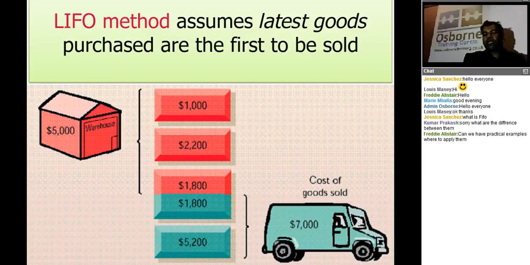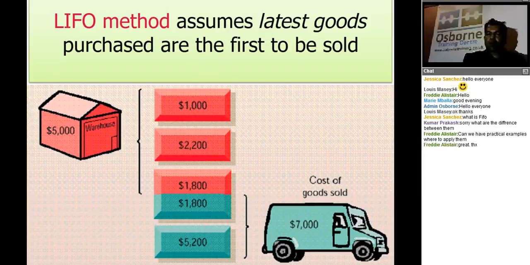So, goods-based or product-based industries will have some products that come in and some that go out, and if they are all in the same category or class, then you must use one of these three methods, FIFO, LIFO, or actual, to get the correct valuation. Okay, I believe that gave a sufficient answer for Freddie.